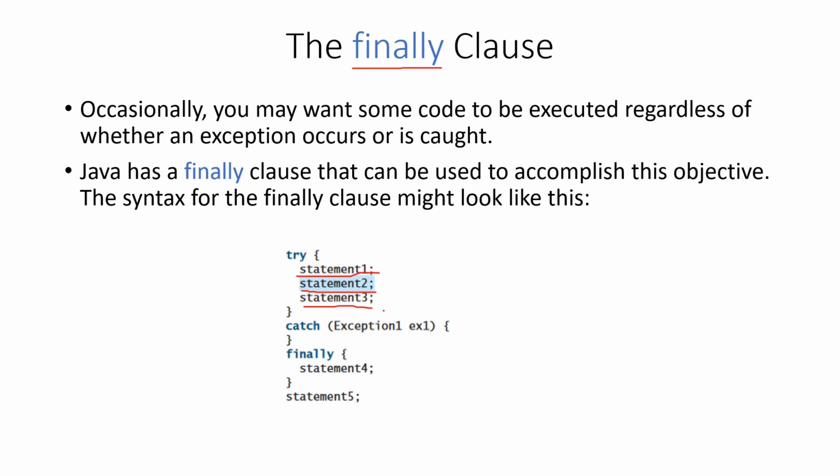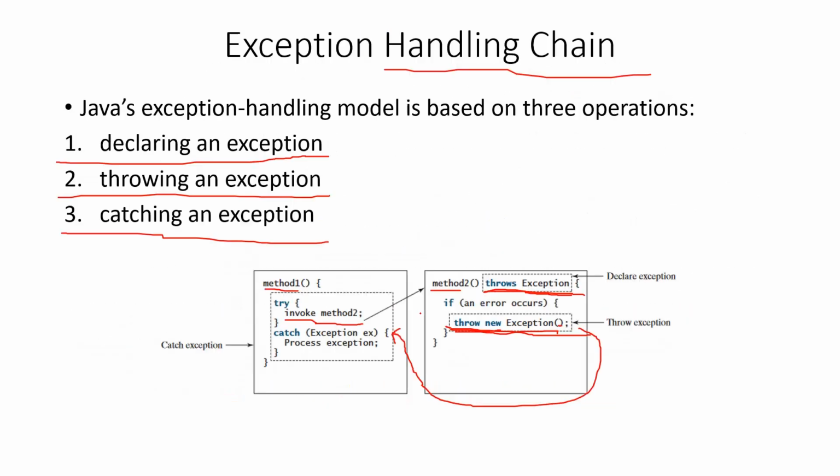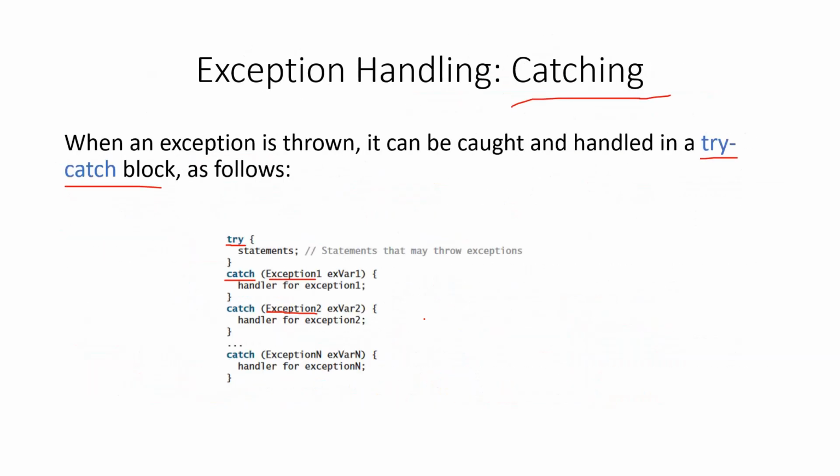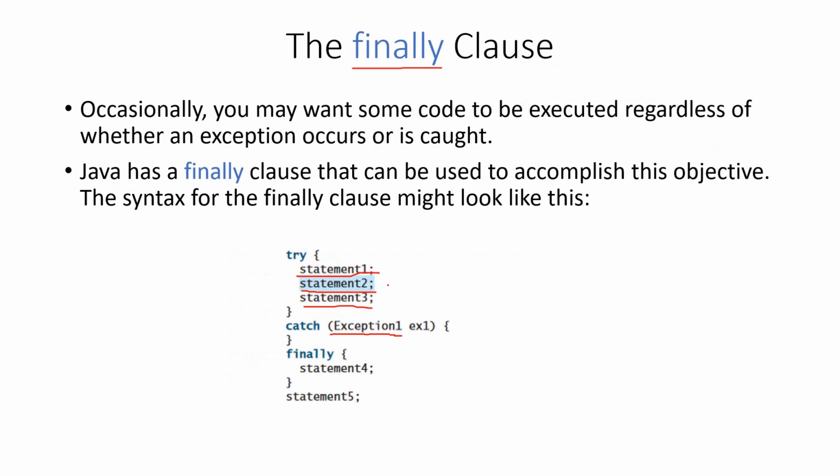Let's say that we can handle one of the exceptions, for example, ArithmeticException. We enter two numbers, integer 1 and integer 2, and we want to divide by 0. In that case, of course, the ArithmeticException would be handled.